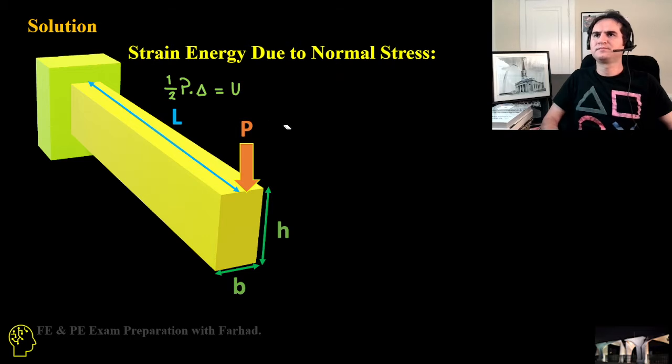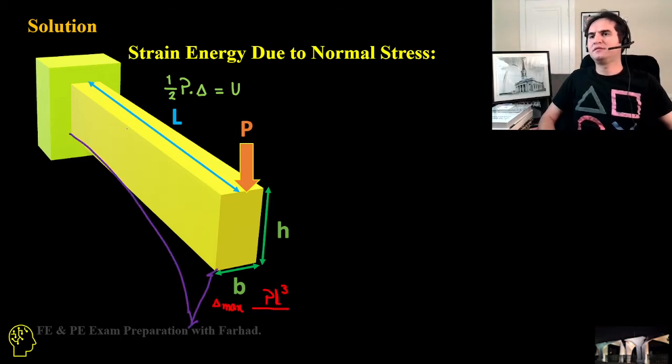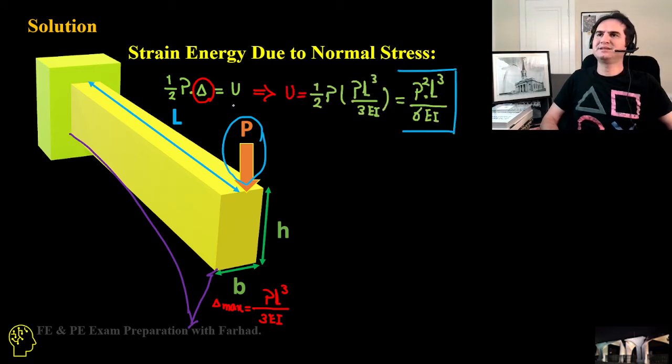At the same time, if you look at the deflection of a cantilever beam, we already know that delta maximum for such a beam, a cantilever handling a concentrated load at the free end, is just PL cubed over 3EI. If we replace delta here, U, the strain energy, is half of P times (PL cubed over 3EI), and that's P squared L cubed over 6EI.